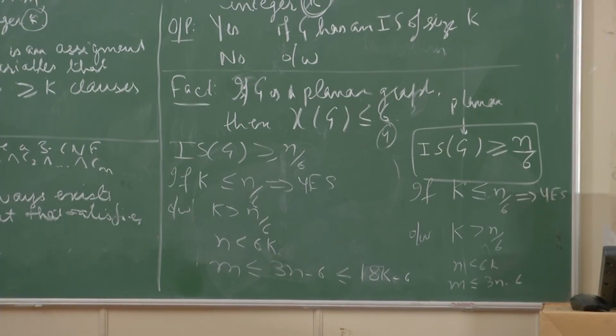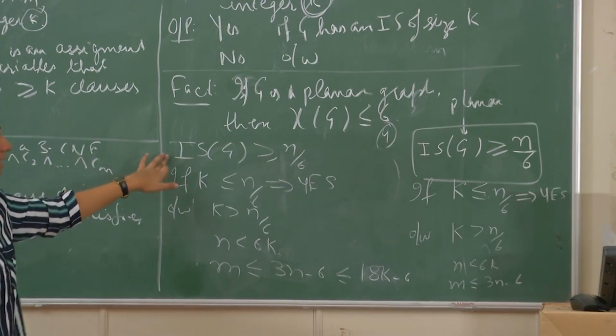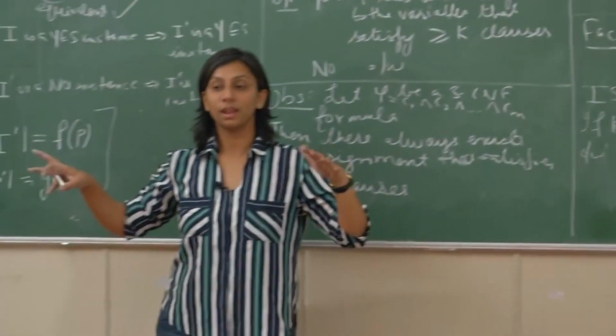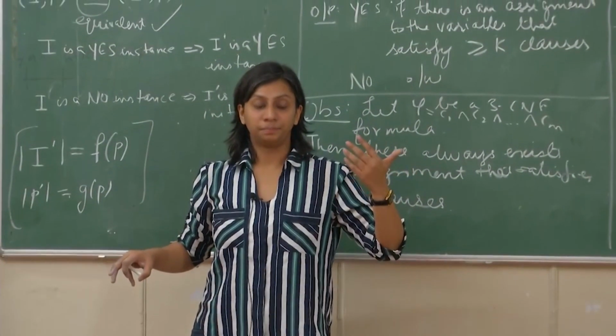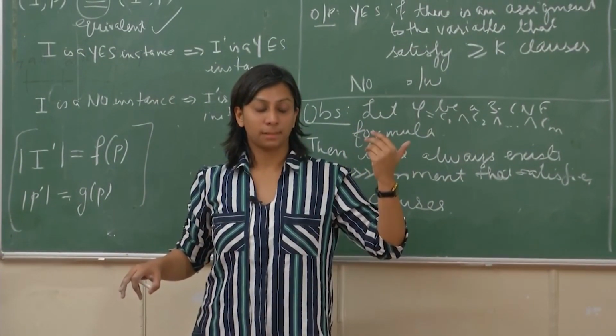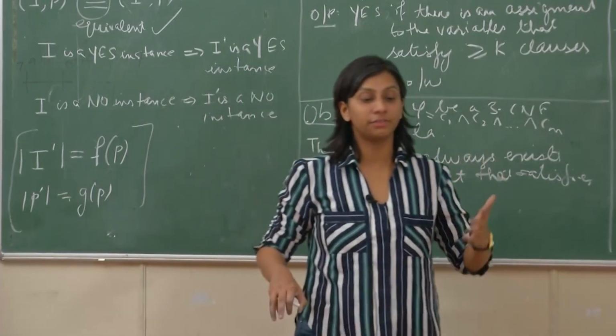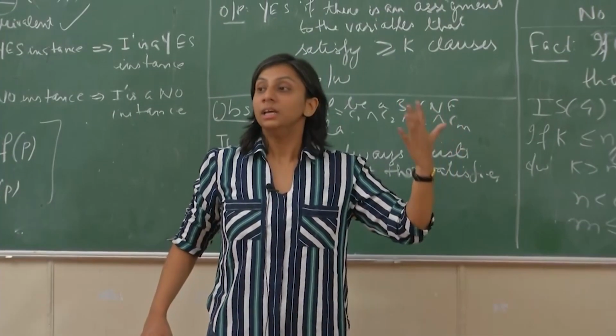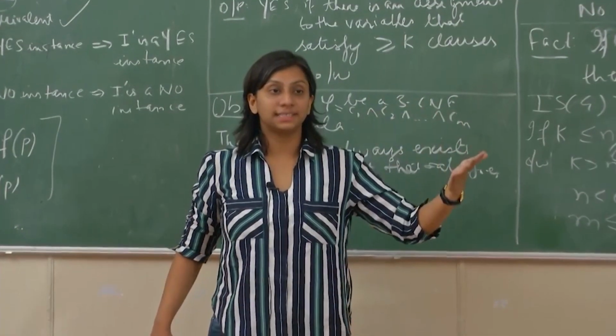While we are here, I would want to ask you a question. How did we come up with this independent set? We said, look at the 6 coloring of the graph and look at the maximum size independent set, and that will have size at least n by 6.